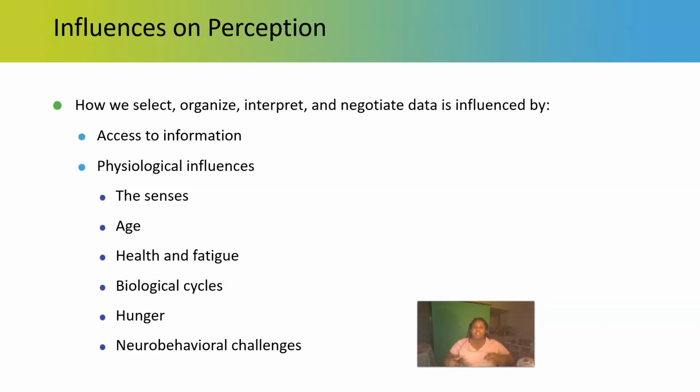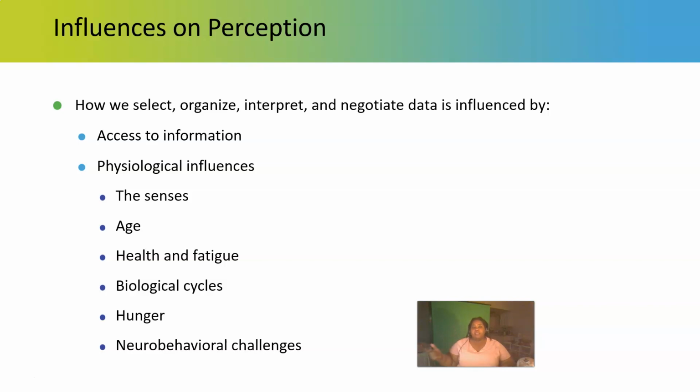So, how do we separate what's important and what's not important in the stimuli we bring in? And once you organize the information, how do we interpret? So, what meaning do we gain from taking in this information? And how do we negotiate the data? So, do we use it? Do we not use it? Do we need it? Do we not need it?